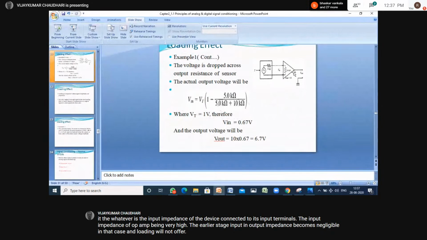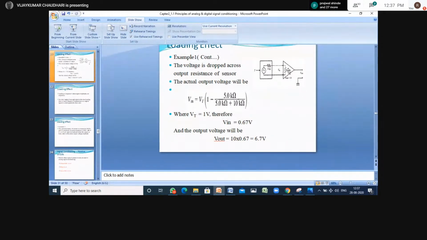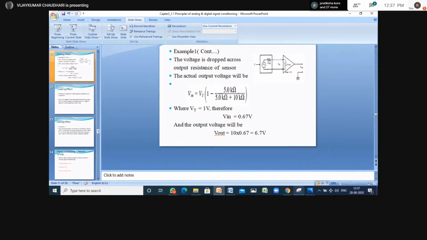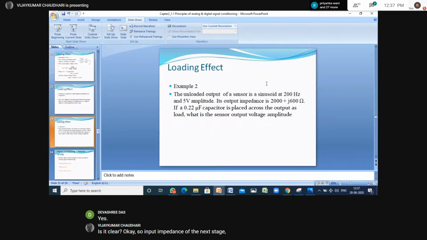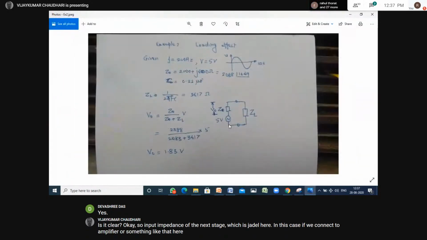They are comparable. If this is 1 mega ohm or 10 mega ohm, this would be negligible, and in that case the loading effect can be reduced. Is it clear? Yes, sir. Okay. So this was the next example then, right?